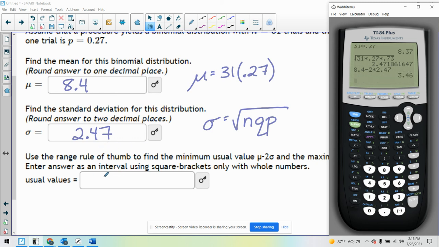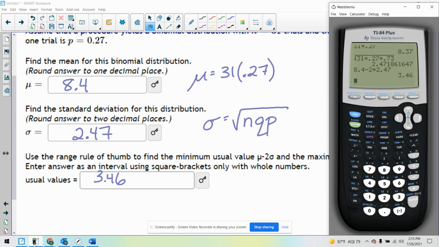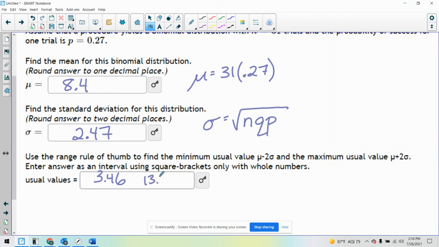That's our lower, 3.46. And now I can add a plus sign there: 13.34. And there you go, brackets with a comma. And there's the questions.